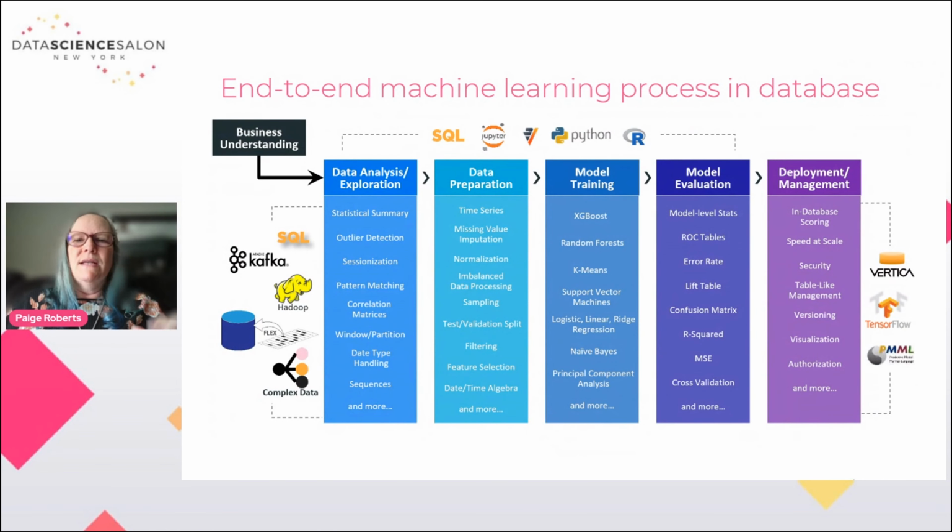And that includes the end-to-end process. We're not talking about just training your algorithms, which is what everybody goes to as soon as they hear the word machine learning. They're like, well, yeah, but do you have support vector machines? Which is like, can I do principal component analysis? It's like, yes, you can. But that's not where you start.